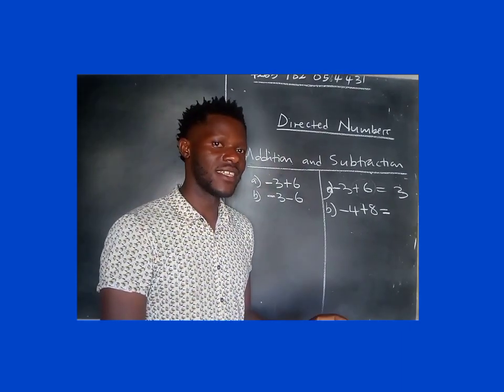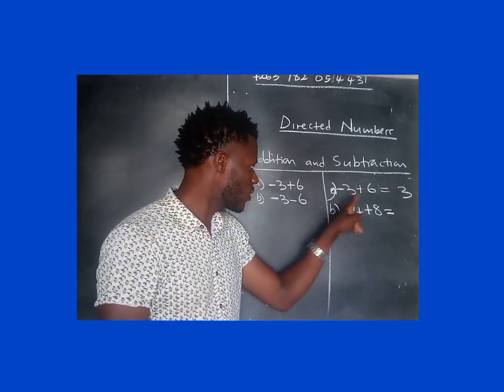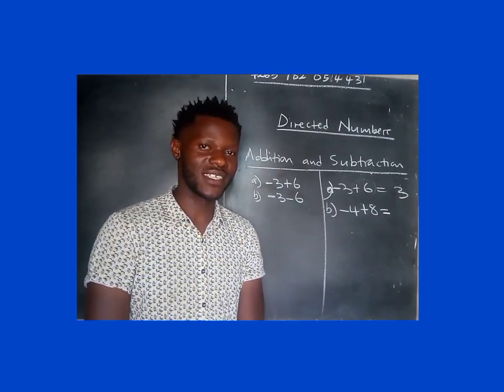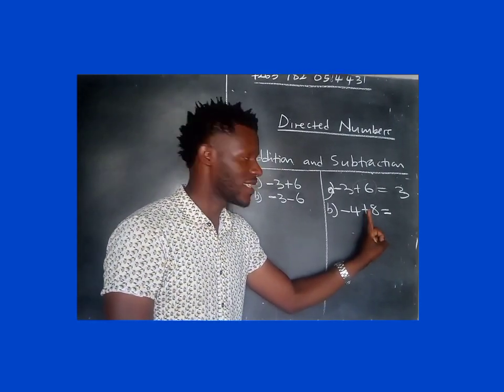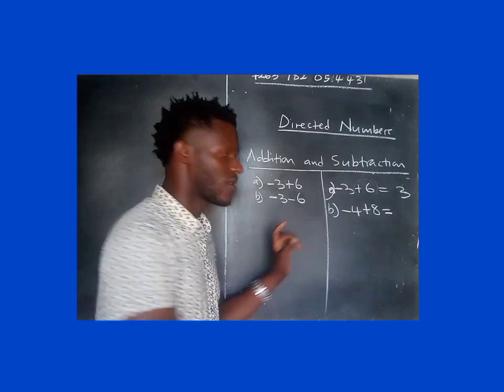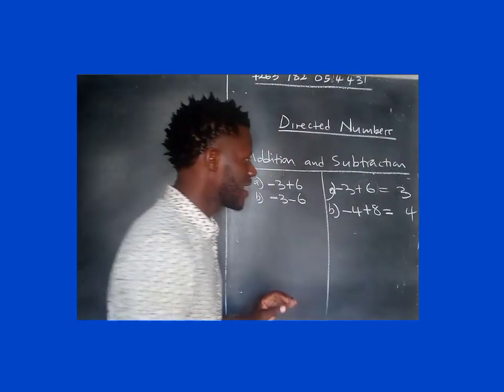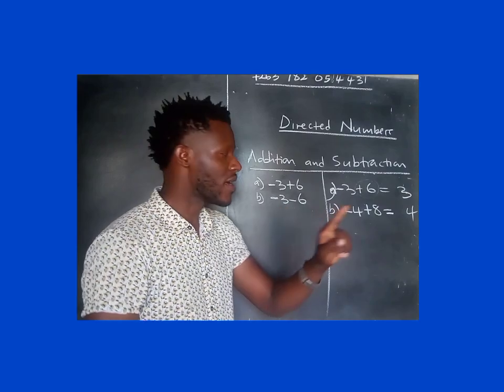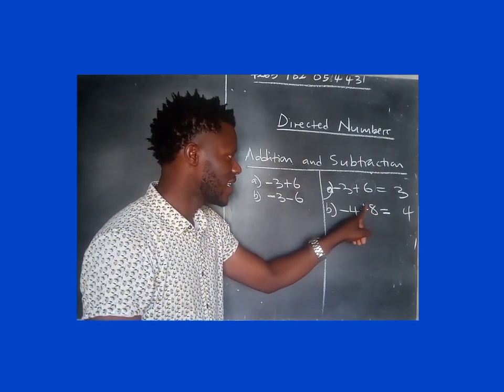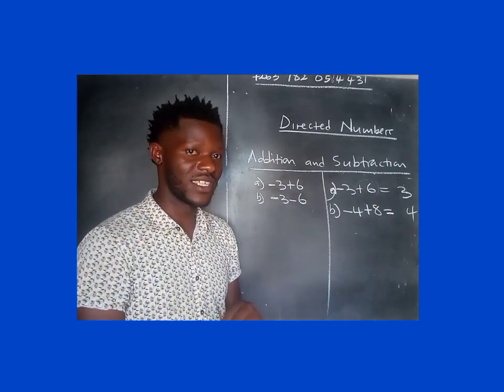As long as it starts with a minus followed by a plus, do the opposite. Do not add here. Instead, you subtract: 8 minus 4. Then you get 4. Finally, the answer will take the sign of the bigger number, and the bigger number is 8. 8 is a positive, so the answer is positive 4.